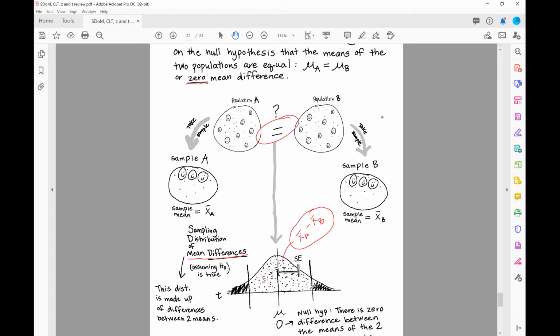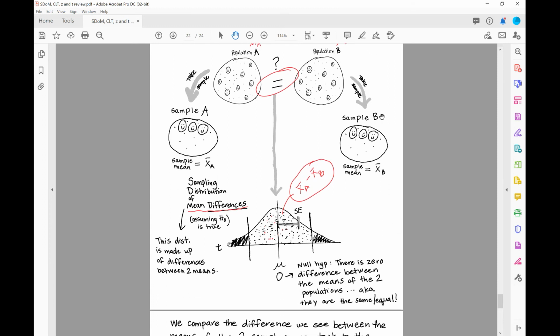There's zero difference between the mean of population A and the mean of population B. This is our null hypothesis in this case. And again, this is because we know what no difference looks like. If there's no difference, then there's zero difference. We put that 0 as our center.